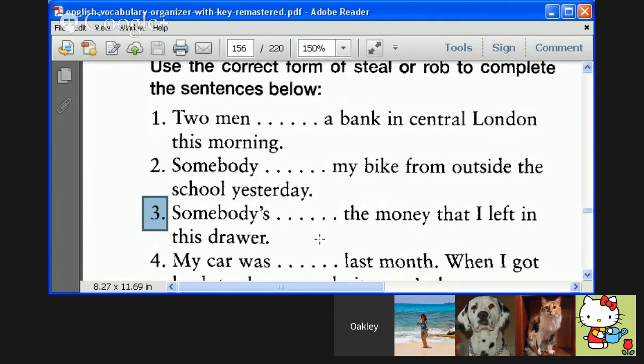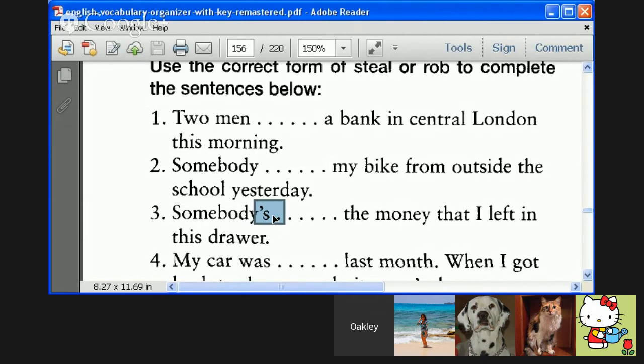Max, number three. Somebody's stolen the money that I left in this drawer.